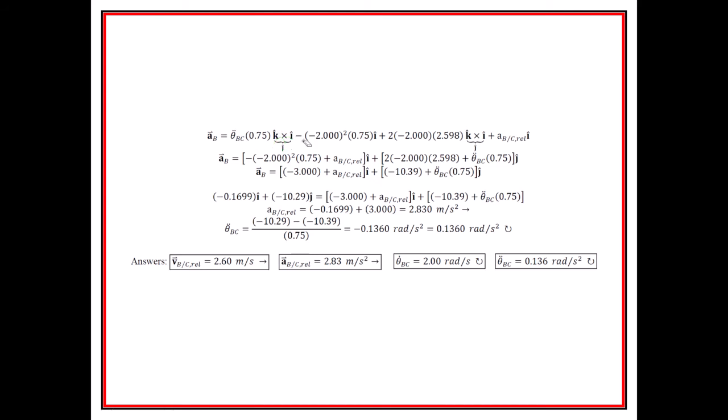But we're able to set these two things up in two equations. We have the I direction right here. So we end up with this I and this J, and then we set it equal to the other acceleration that we got, and we're able to figure out what the relative acceleration is and what the theta dot are going to be from this. So that's like a traditional way of trying to get it.